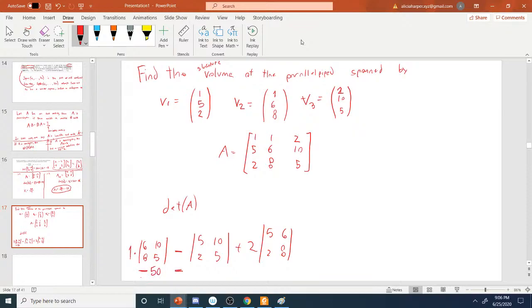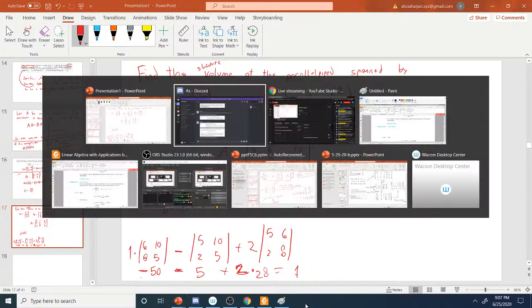And then minus 5 times 5, so it's 25 minus 20, so minus 5. And then plus 2 times, let's see, 5 times 8 is 40, minus 12 is 28, so plus 2 times 28. If we simplify this, I think we just get 1. Am I right? Or am I being an idiot?